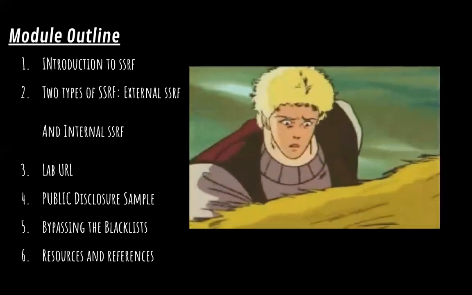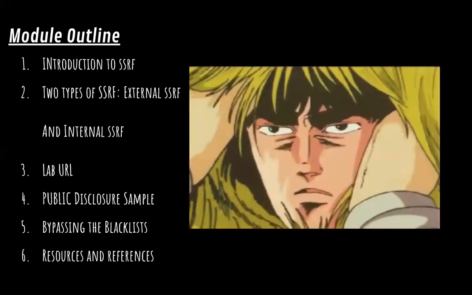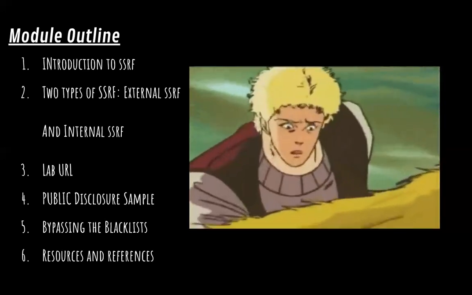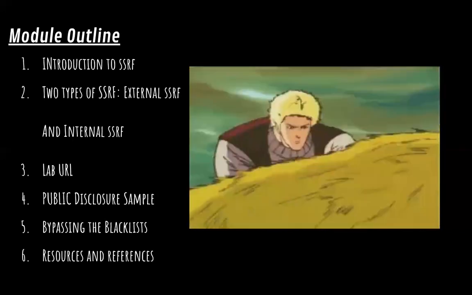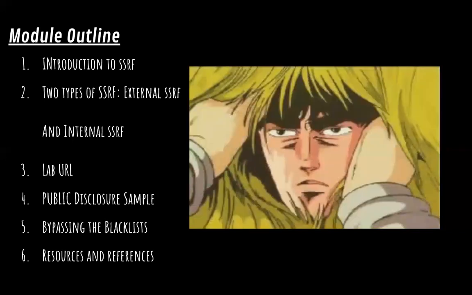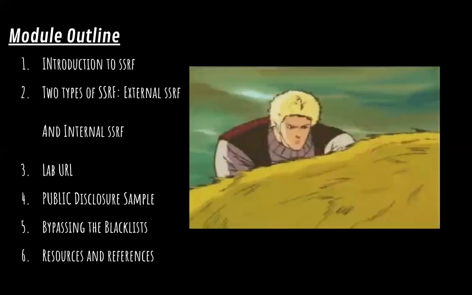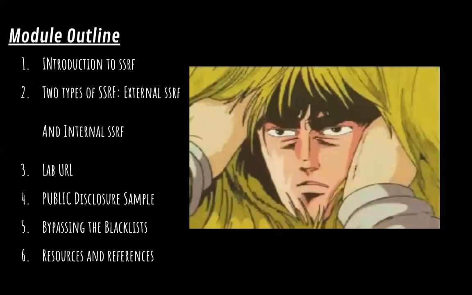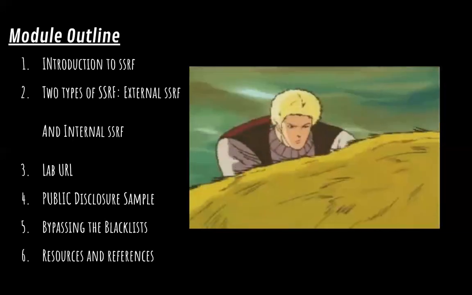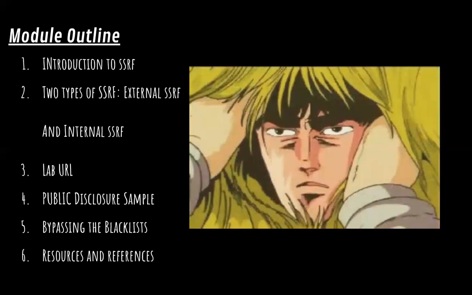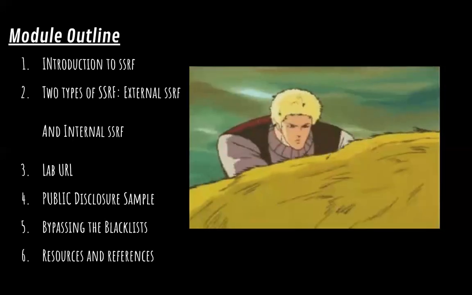Then we have a lab URL, which is a simple demonstration of a sample SSRF vulnerability, with an explanation of external SSRF and internal SSRF on the lab URL. Then we have a public disclosure sample of a common SSRF vulnerability.